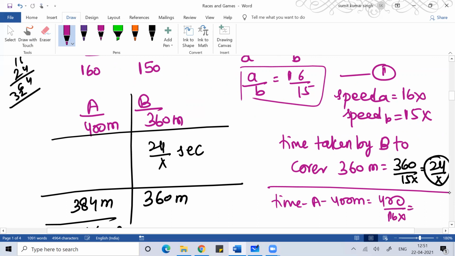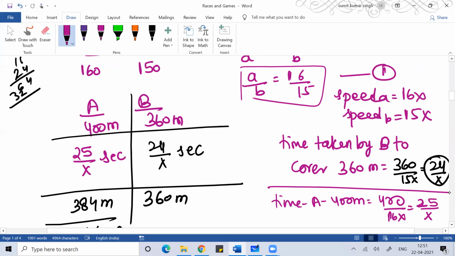So then you do 32, 32 means, and then 80, 80 means 5. So A would have taken 25 by x seconds to reach 400 meters, while B has reached 360 meters in 24 by x seconds.